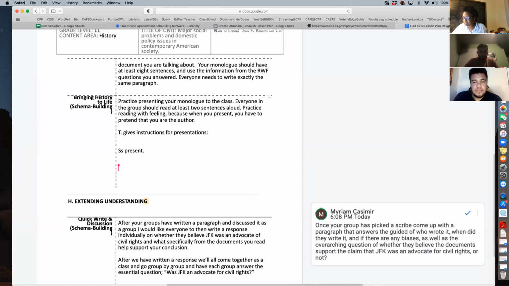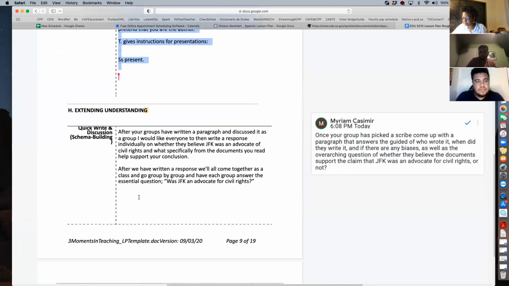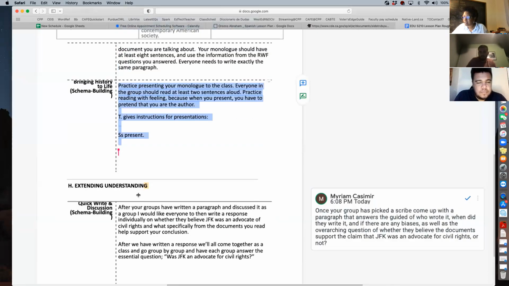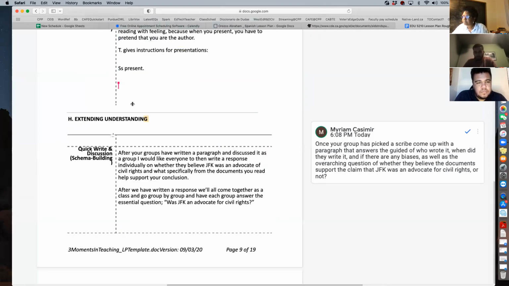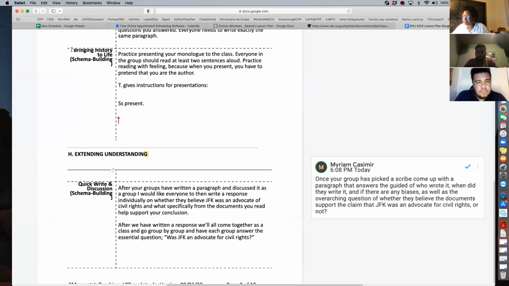By the way, I think this is part of the closure, so we're going to move this down. I'm going to move the bringing history to life down here. Insert row above. This is like a summation, right? They've done all of the schema building that they need, and now they get to innovate a little bit.